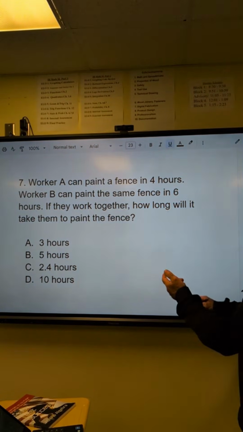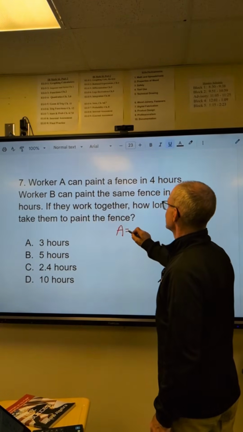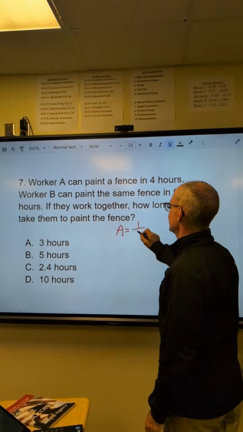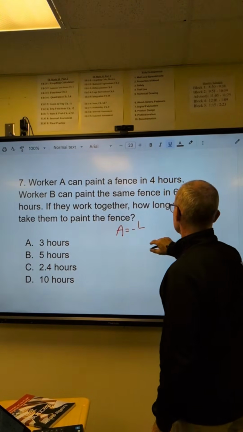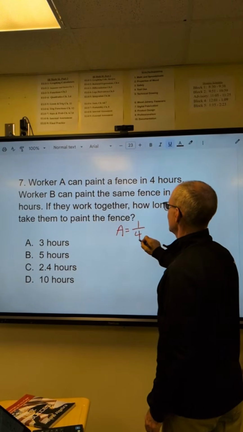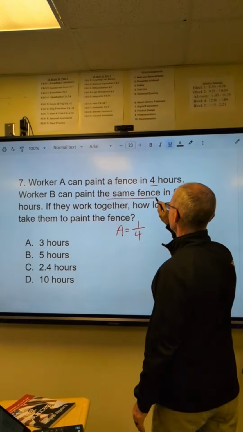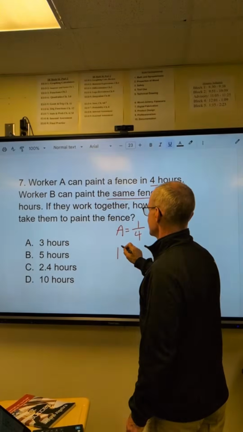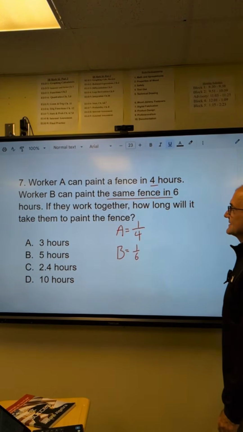Worker A can paint a fence in 4 hours. So that is one fence in 4 hours. Worker B can paint the same fence in 6 hours.